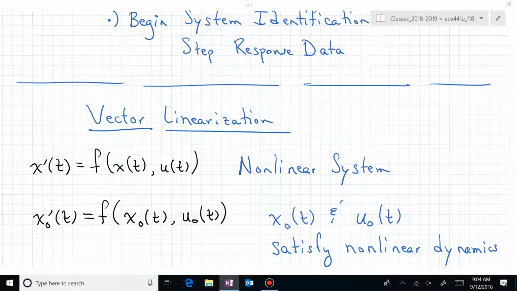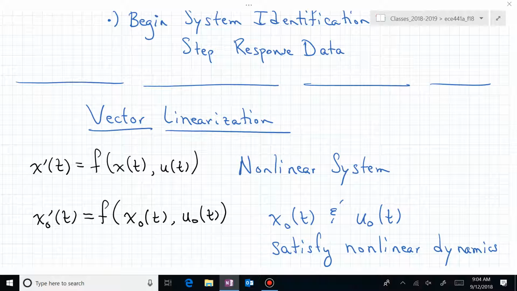That's what we're trying to understand, is how does the system behave around the operating condition? How does the linear system behave? And that's what we're trying to establish, is a linear model of this nonlinear system around the operating condition. And the operating condition that we are using is we're using a subscript 0 on the state vector x and the input vector u.